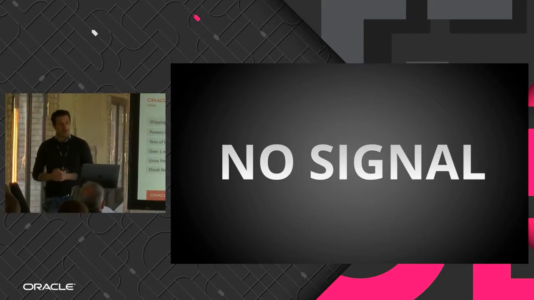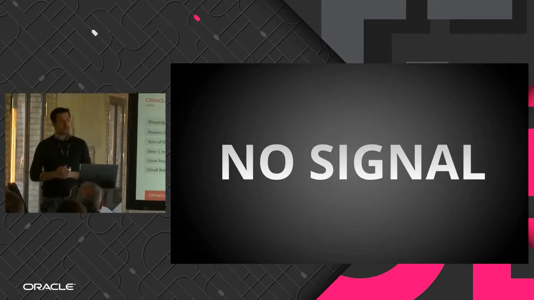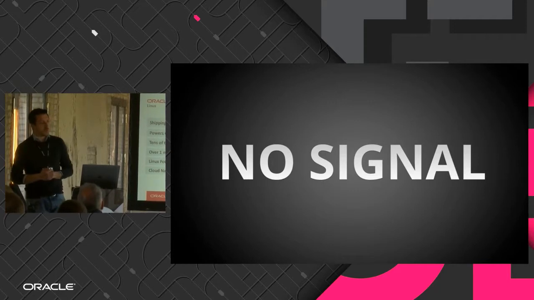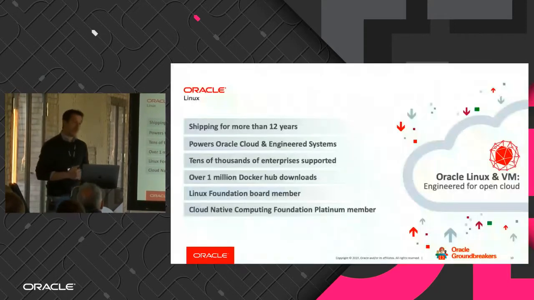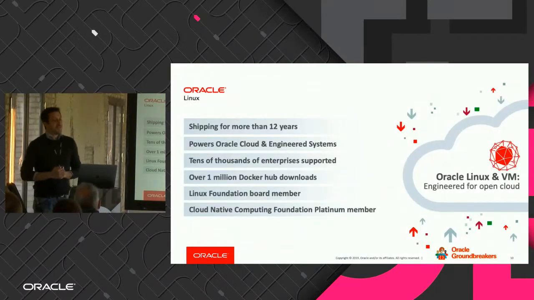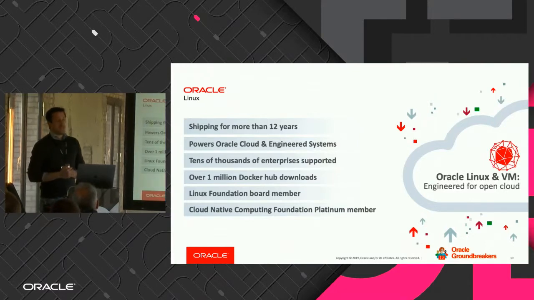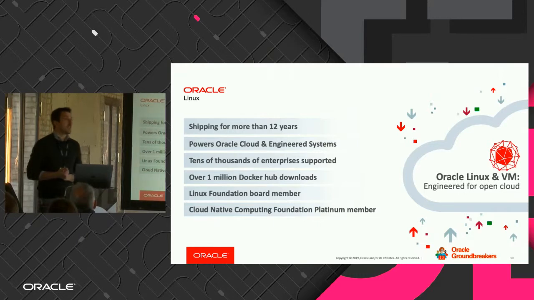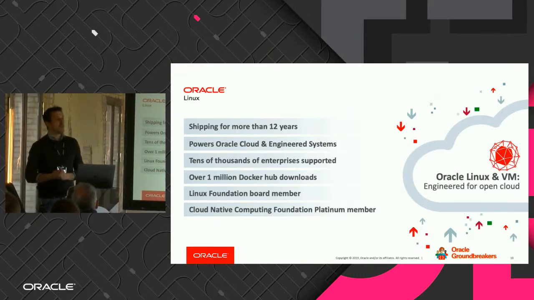Oracle Linux, yeah, we started to publicly release Oracle Linux more than 12 years ago. It's important to know that Oracle Linux is the operating system today powering the Oracle Cloud as well as all the Oracle engineered systems.